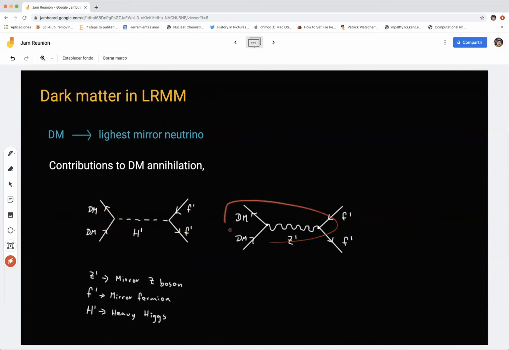We have two channels, one from H prime, the heavy Higgs, and the other one from Z prime, the heavy gauge boson Z.